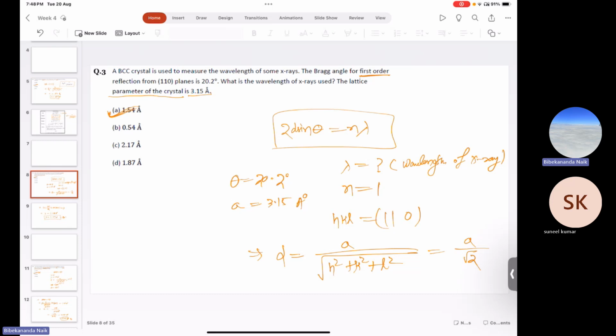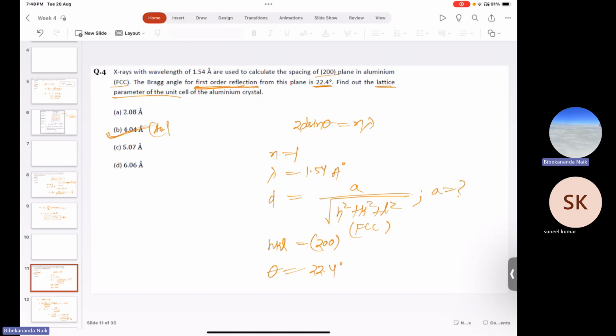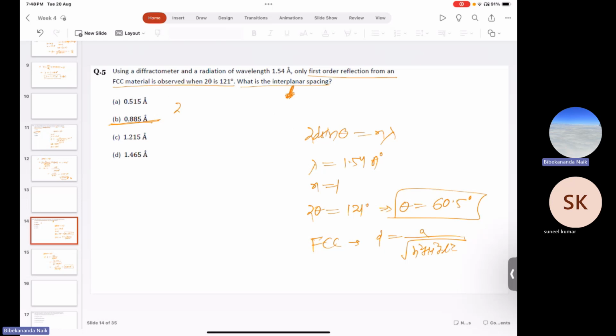Then we calculated the value of lambda. In the next question, the quantity which was unknown was different. Here lambda was given, and all the other information was given, and we calculated the value of a.